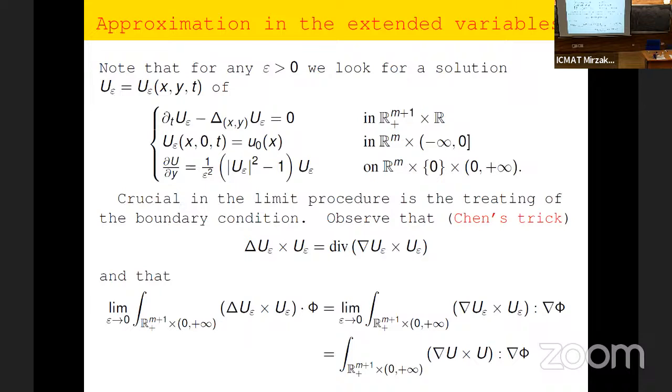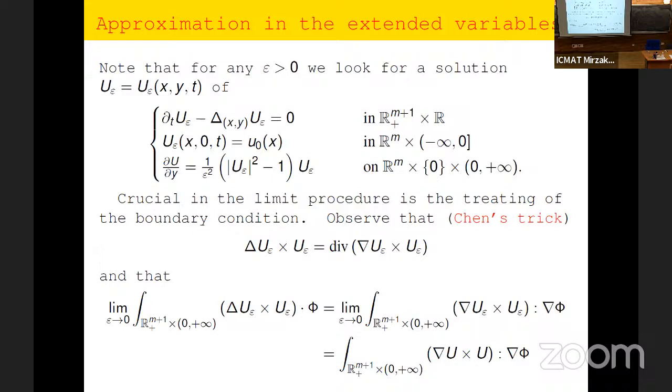Okay, now what to do with this divergence? Since this is a divergence of something, it is easy to go to the limit, because you can play with a test function and put this divergence on a gradient of a test function. So this object, which is somehow quite complex in the limit, turns out to be easily treated by using this reformulation.